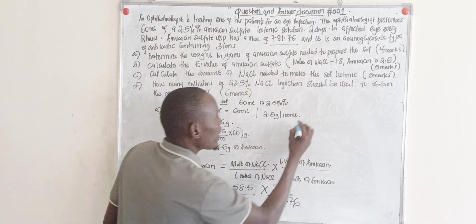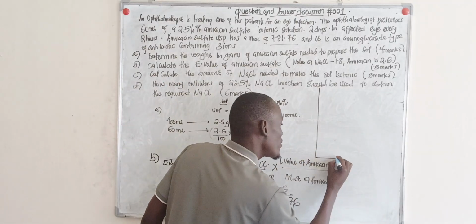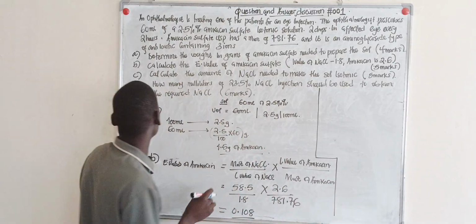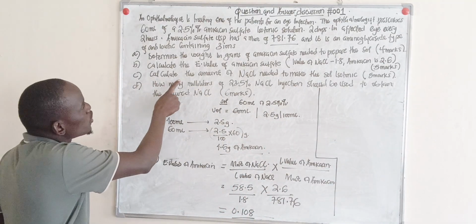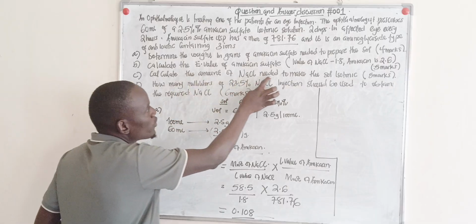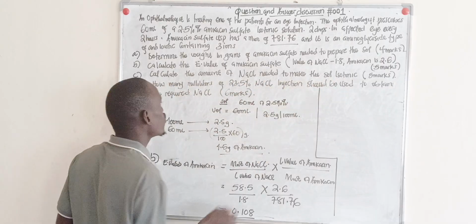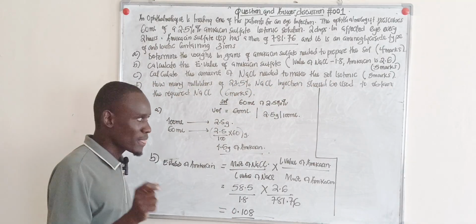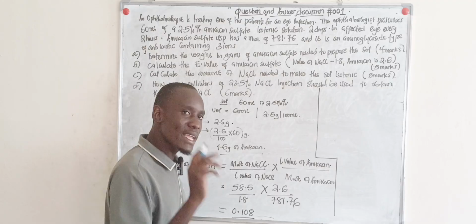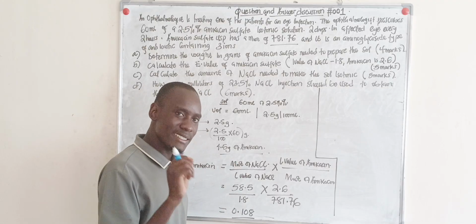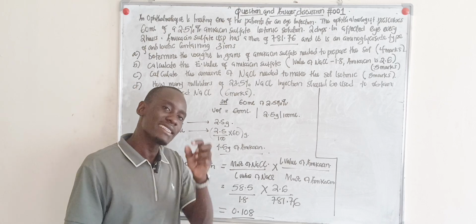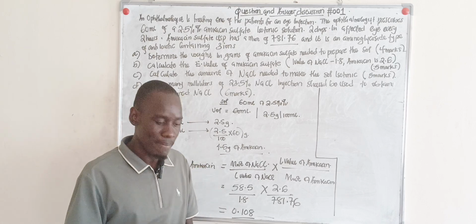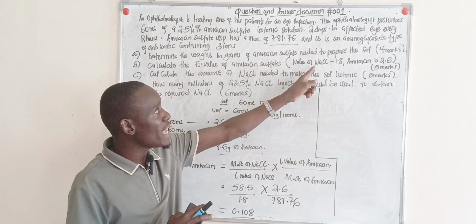So, after obtaining the sodium chloride equivalent of amikacin, our next question, they are asking to calculate the amount of sodium chloride needed to make the solution isotonic. Remember, when we are doing that, the first step we say is to identify what we are using as our isotonicity modifier. In this case, it is sodium chloride.